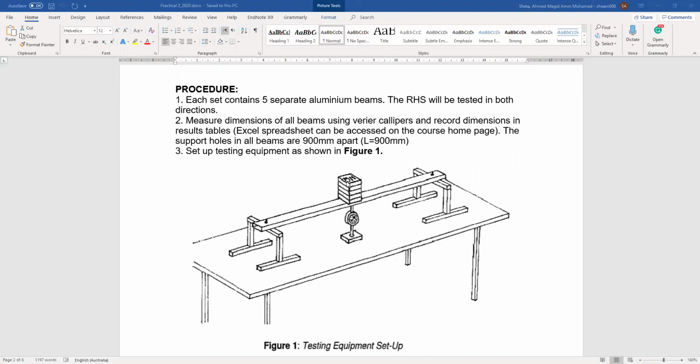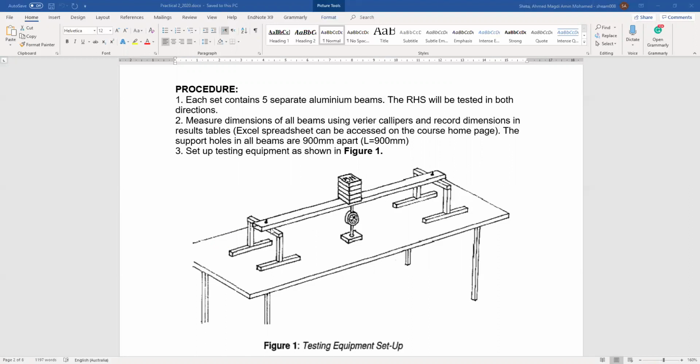And we will apply the loading, which is a concentrated load. So we will apply the load at the middle and then record the reading from the dial gauge. So this is how to do the deflection testing or to measure the deflection in the lab. Then using these measurements, we will compare them to the values from the formulas.